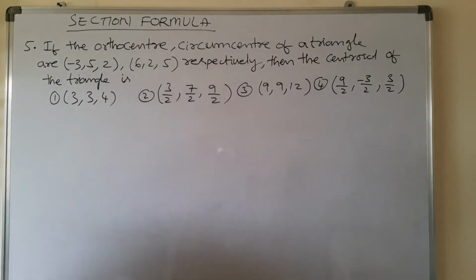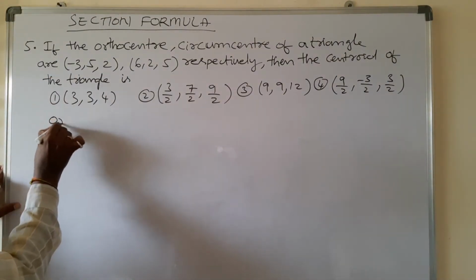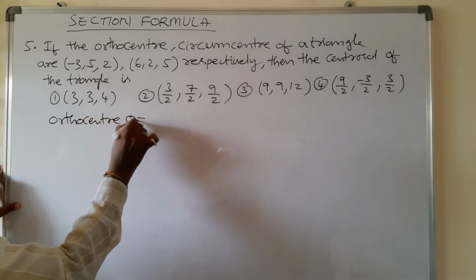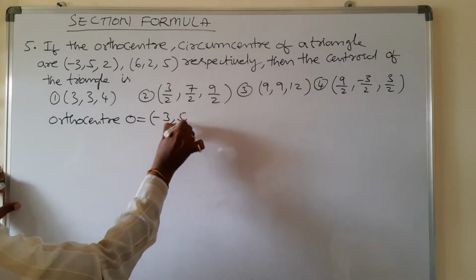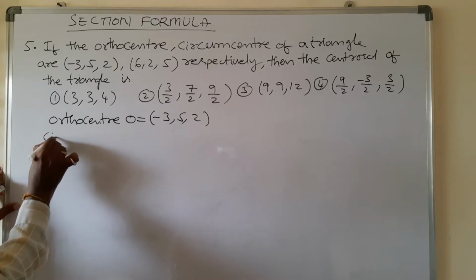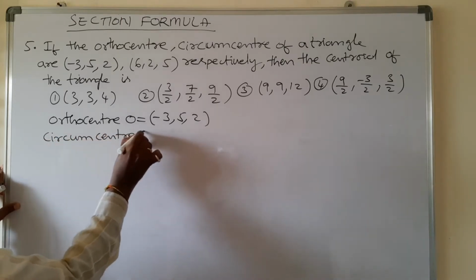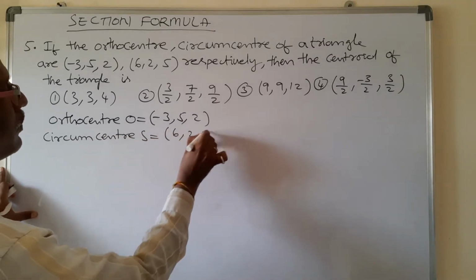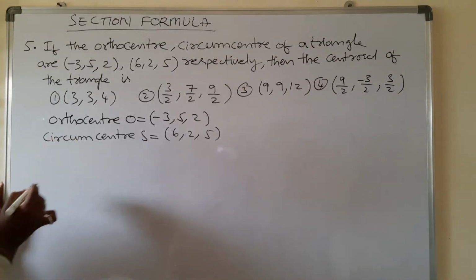To find the centroid of the triangle in this problem, given orthocenter O equal to (-3, 5, 2), circumcenter S equal to (6, 2, 5).